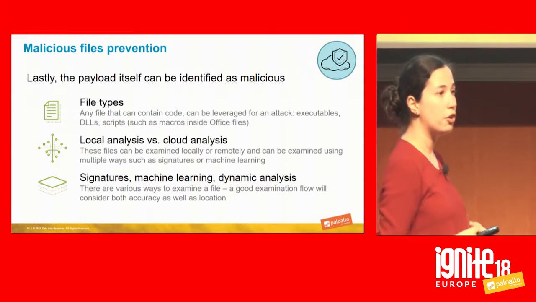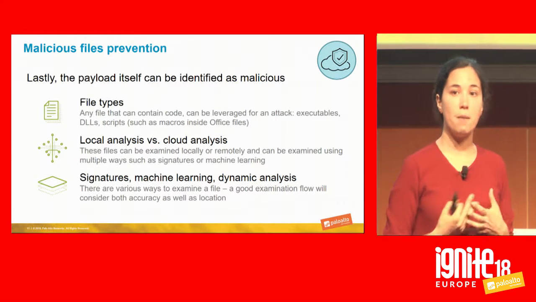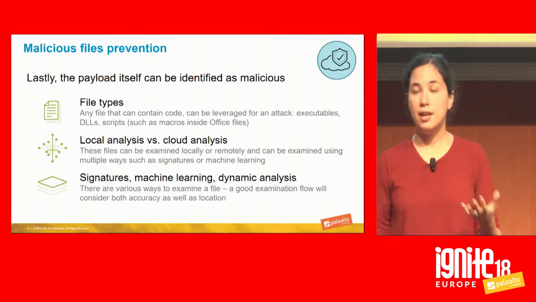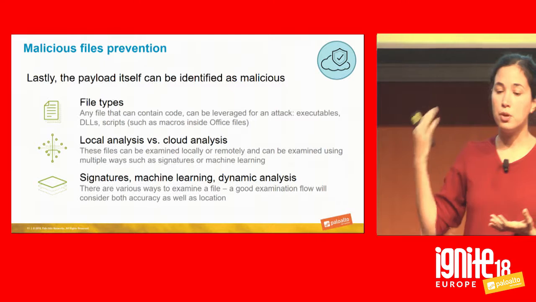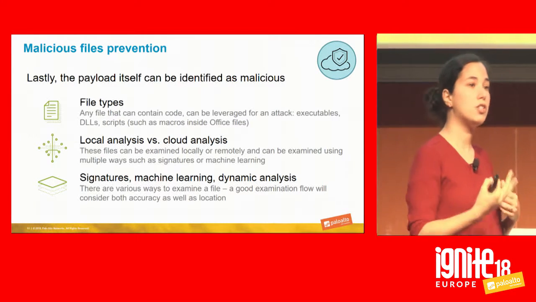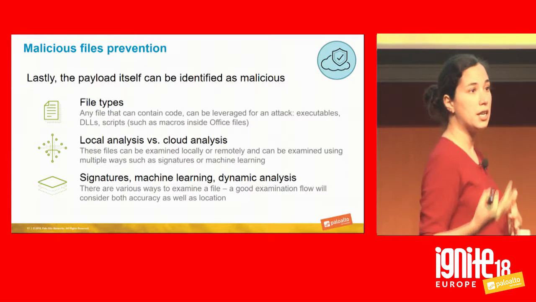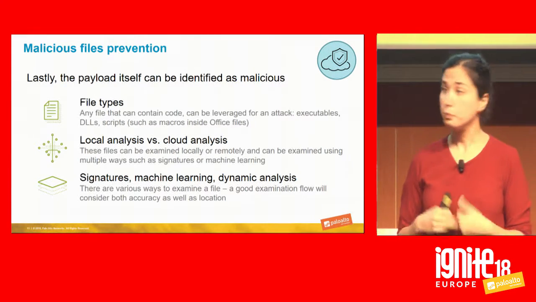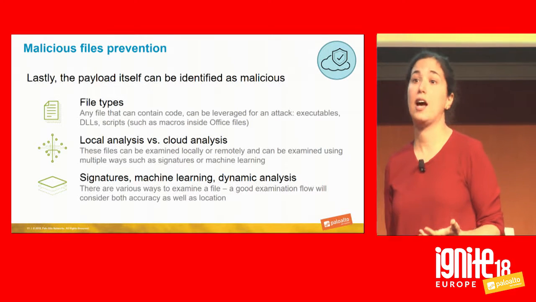And here as well, there is a combination of methods, combinations of techniques that can be leveraged by the vendor, and taking into account the previous topic we talked about, which is the location, each of these techniques can be leveraged in a different location. So for example, we do have some signatures in the cloud.